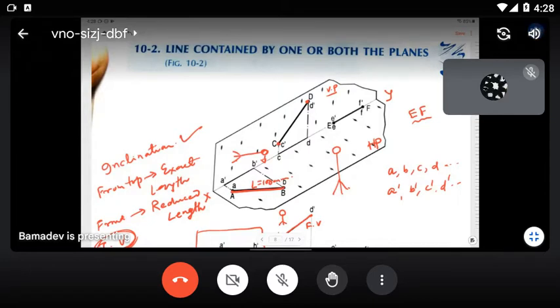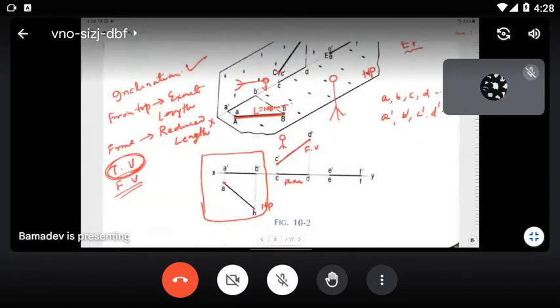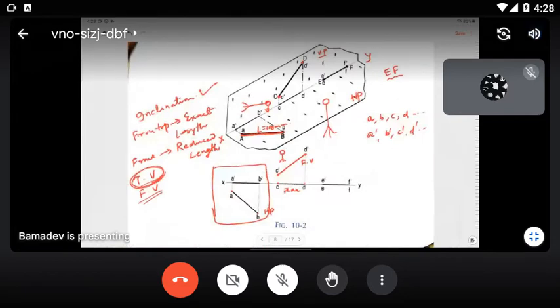Or more precisely, it is lying on the reference axis. So its front and top views will give the exact length, and there are no distinct positions of top and front, they overlap each other. Front view E dash F dash, top view EF.